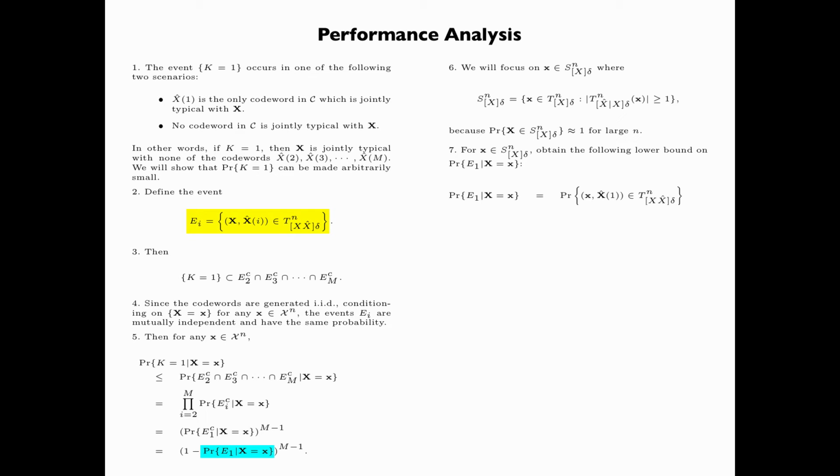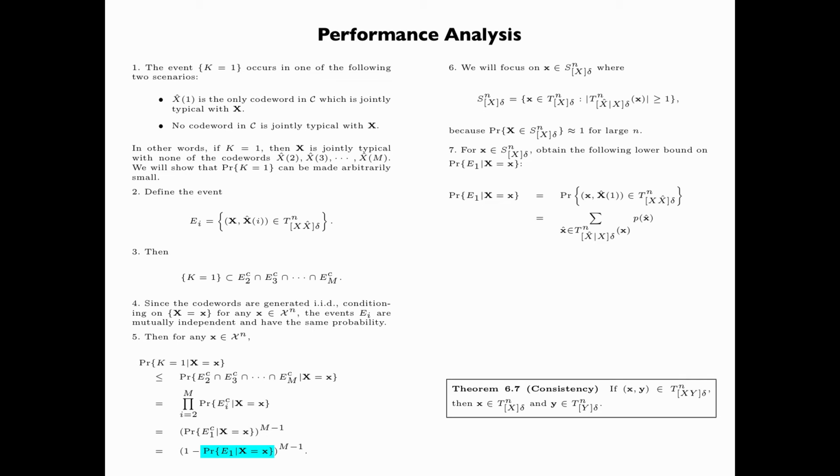First, the probability of E1 given X is equal to x is equal to the probability that x and x hat 1, that is the first codeword, are jointly typical. This is equal to the summation of p of x hat, such that x hat is in the conditional typical set T x hat given x delta sub n of x.